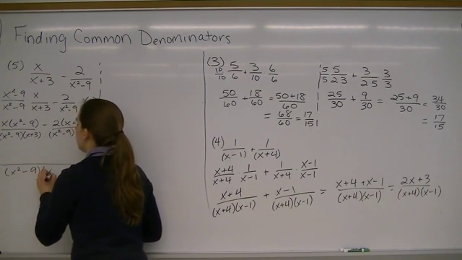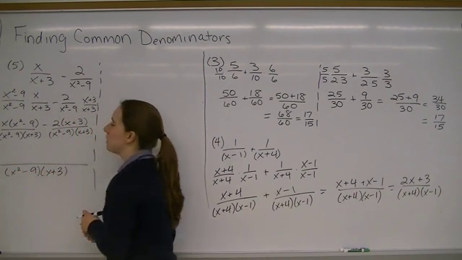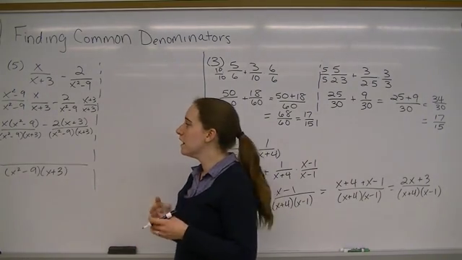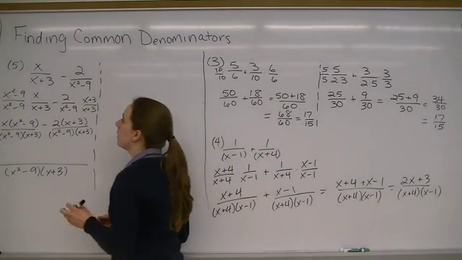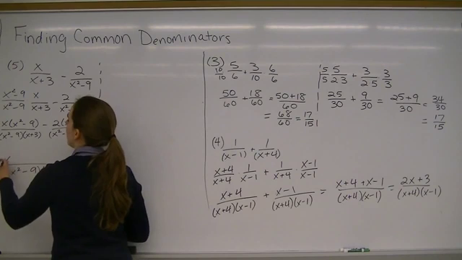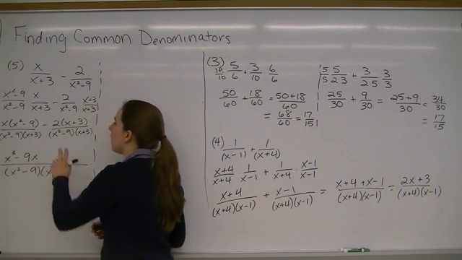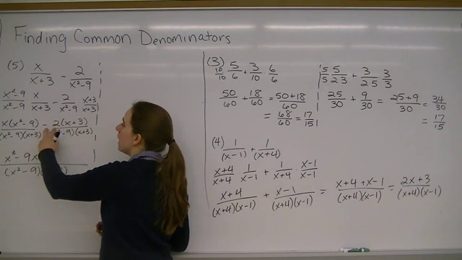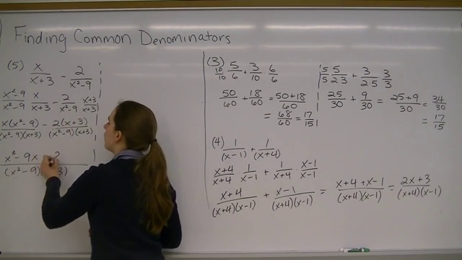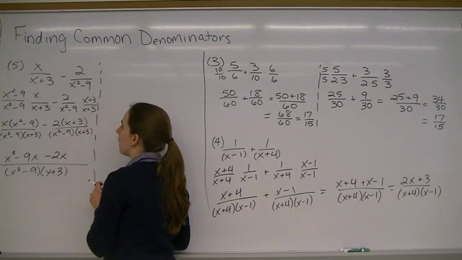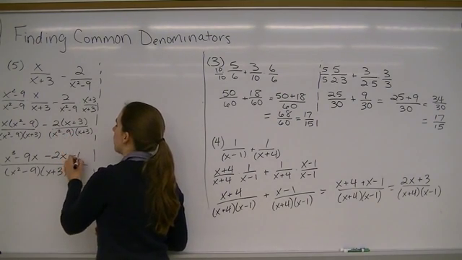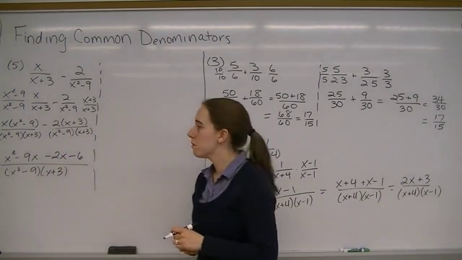And notice I'm doing the exact same thing for subtraction that I did for addition, because I still need a common denominator either way. So I have x times x squared will give me x cubed, and then a minus 9x. Then I need to distribute this as a negative 2. So negative 2 times x gives me negative 2x. Negative 2 times 3 gives me negative 6.